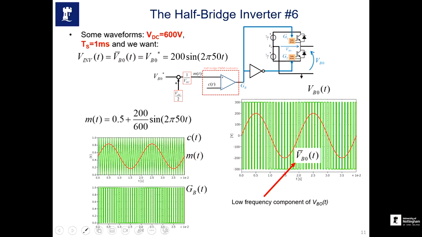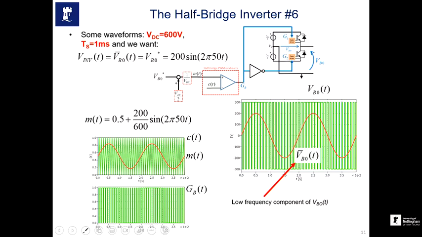And once we look at the VBO, which is the output of the signal, and the red signal, which is the average of the PWM signal, the low frequency component of VBO, if you look at the peak of it, it's going to 200, right? And the frequency is, of course, still 50 hertz. From here to here, the frequency is exactly the same.